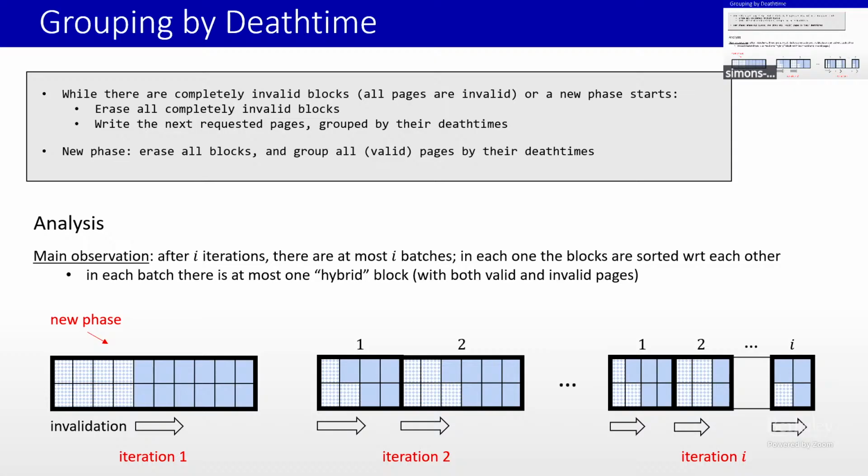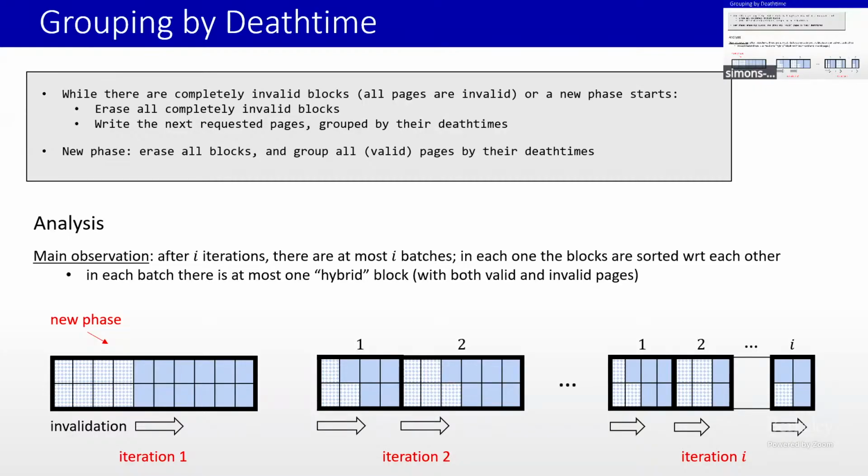A hybrid block is a block where I have both valid and invalid pages. So I'll have at most one hybrid block from this batch, and at most one hybrid block from that batch.